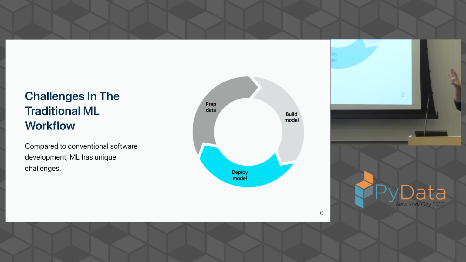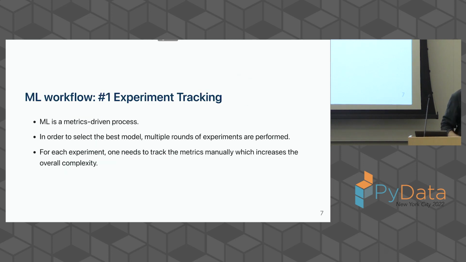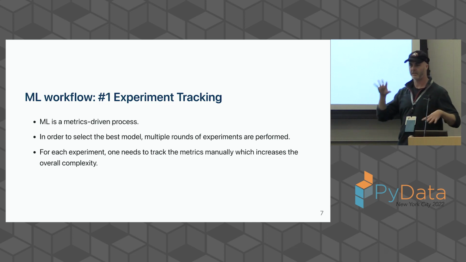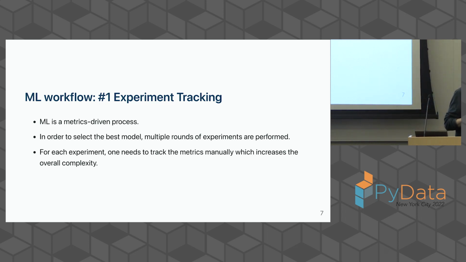I won't be addressing the whole picture of MLOps, but nonetheless, ML, as you can see here and probably know, has its own set of unique challenges. One of the biggest ones, I have 11 issues, and they're all about equally the same. It's a very experiment-driven process, so you have to iterate, which is fine.